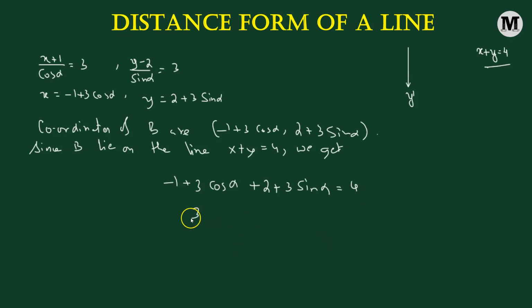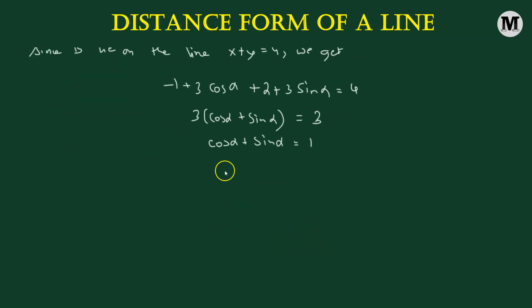Simplified further, we get 3 times (cos alpha + sin alpha) equal to, we have -1 + 2, that's +1. When we transpose it to the right-hand side and subtract it from 4, that leaves us with 3. Now we have cos alpha + sin alpha = 1. Let's square both sides.